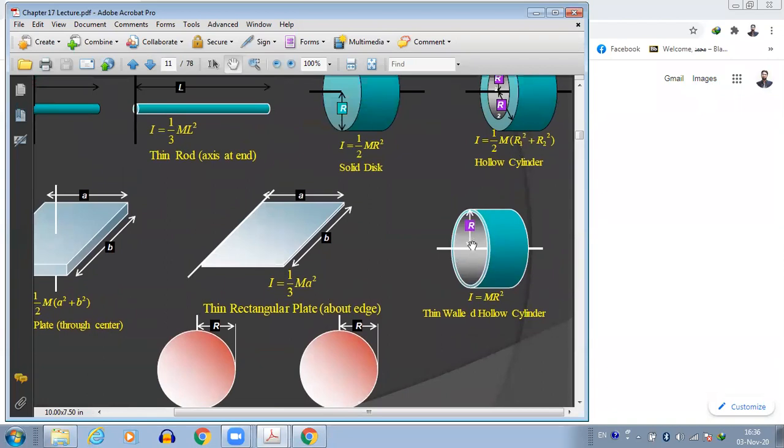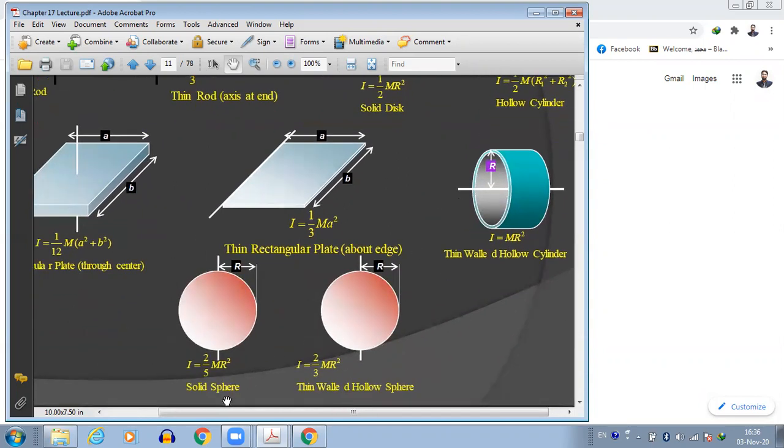We will have just one radius, R. For the thin-walled hollow cylinder, the moment of inertia will be I is equal to mr square. Similarly, for a solid sphere, it will be I is equal to 2 by 5 mr square, where the radius of the sphere is R. And if it is a thin-walled hollow sphere, then it will be I is equal to 2 by 3 mr square, if the radius is R.